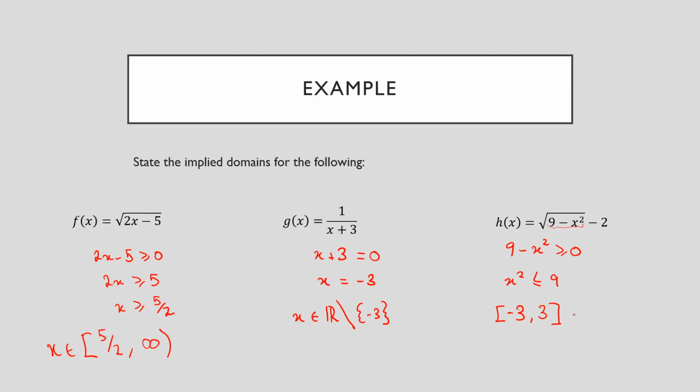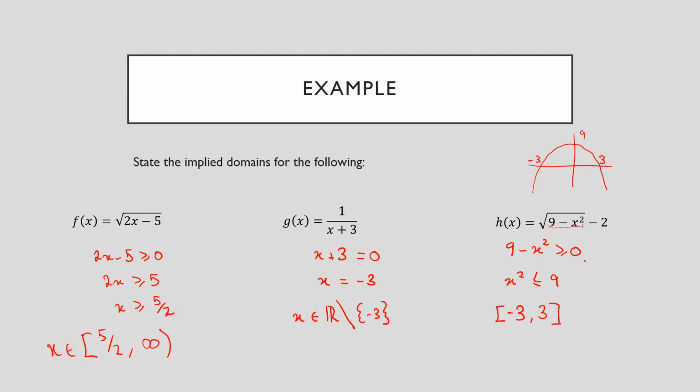If you prefer, you can go back and figure out how to solve quadratic inequalities. One of the ways that we can solve it is to draw a graph of it. So 9 minus x squared is the inverted parabola that has a y-intercept of 9. And you can also work out the x-intercepts of this parabola. They're going to be negative 3 and 3. This inequality symbol is asking you, where is this parabola, 9 minus x squared, greater than or equal to 0?